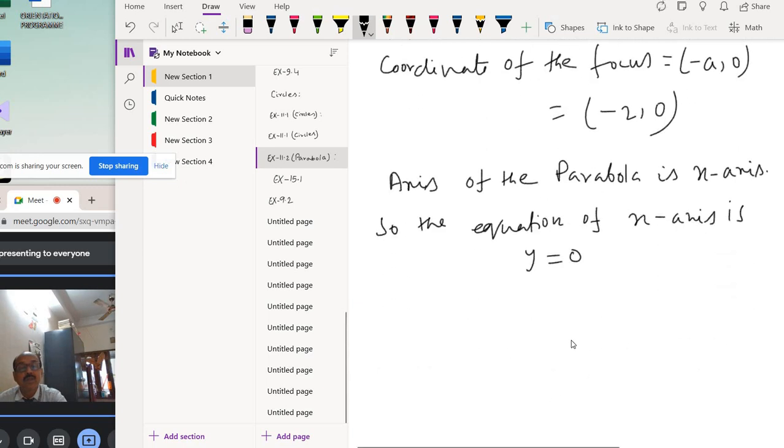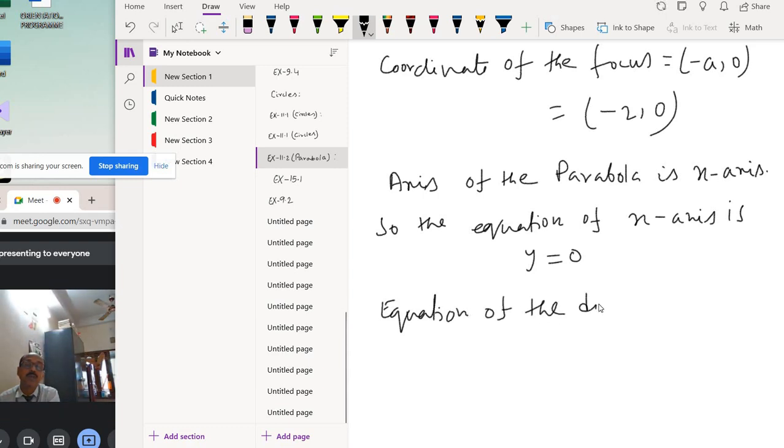Then the equation of the directrix. Here x is equal to a, on the right side of the x-axis.